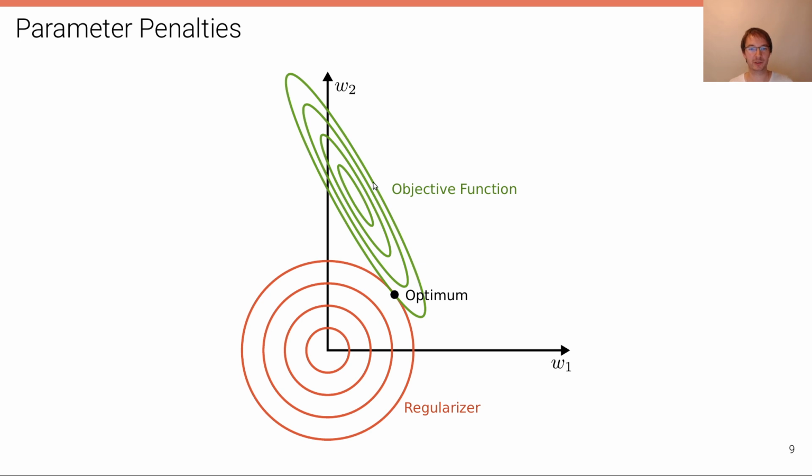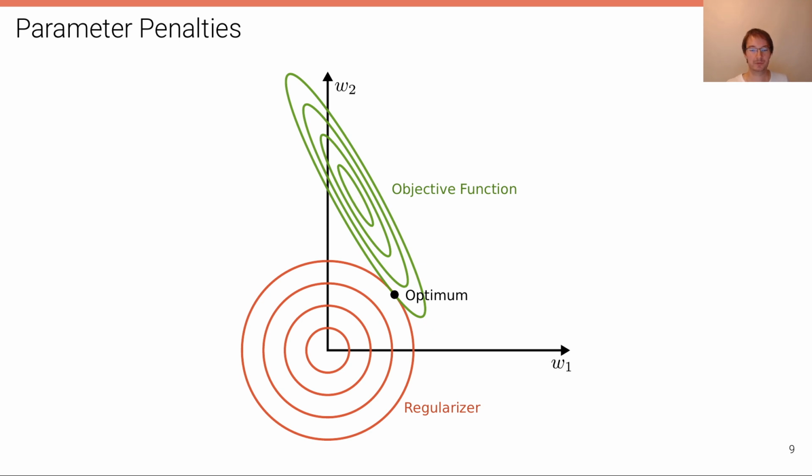It's increasing more in this direction because the height lines are closer together. It's increasing less quickly in this direction here. So this is the objective function. This is the minimum here, and because in this simple case it's convex, if we applied gradient-based optimization to it, we would end up at this point, at the minimum.